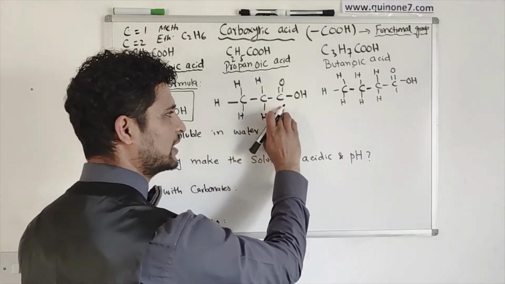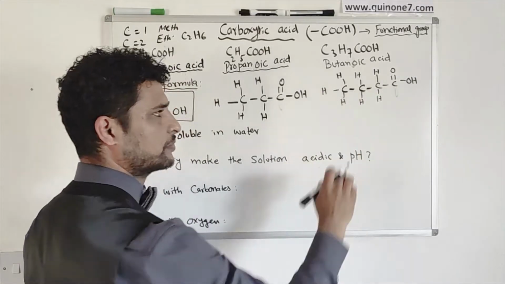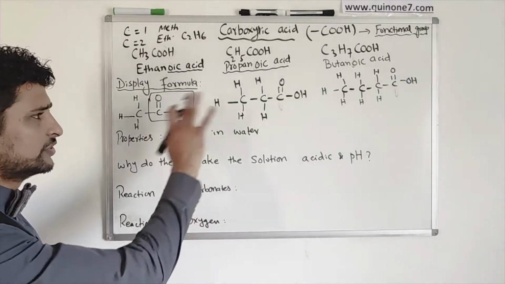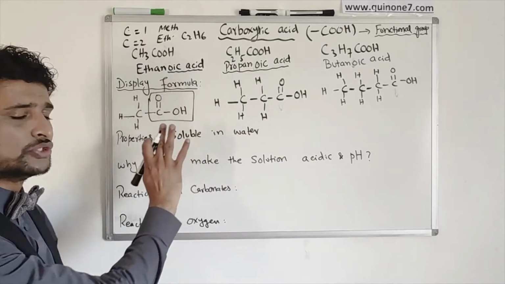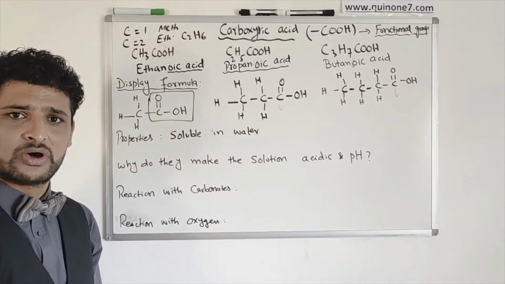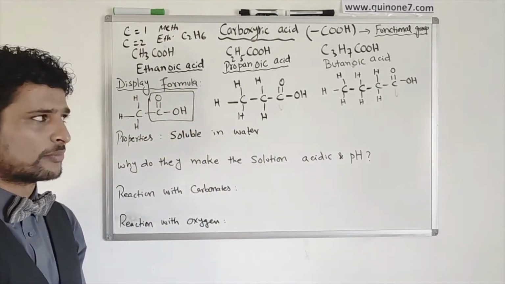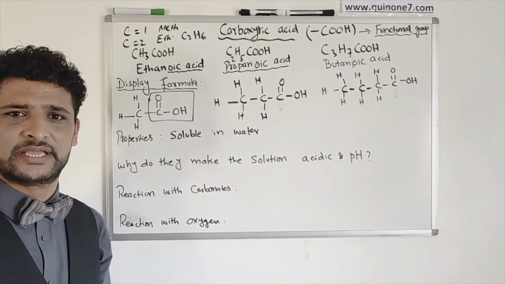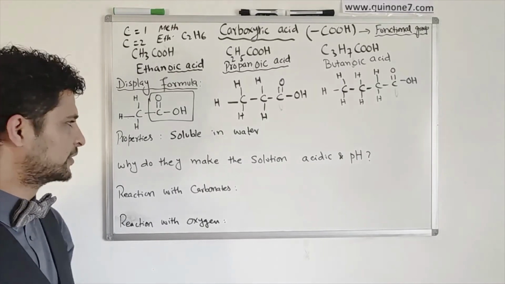That is an incorrect structure if you try to put a hydrogen under the C double bond O. Now this is a display formula, so if they ask you to draw a display formula of ethanoic or propanoic or butanoic acid, this is how you're going to draw them. You need to remember how many carbon atoms there are, then it will be a lot easier for you to draw it.